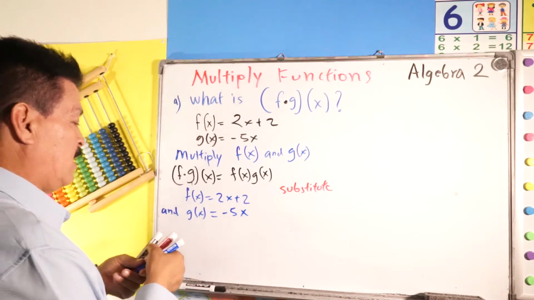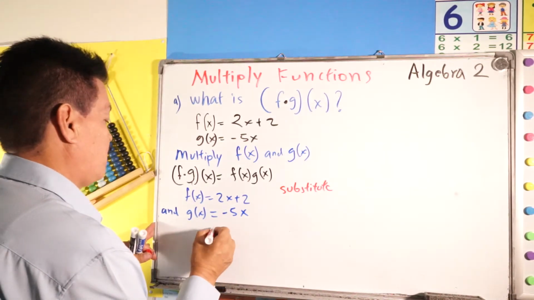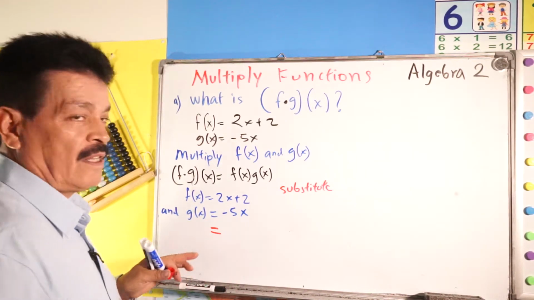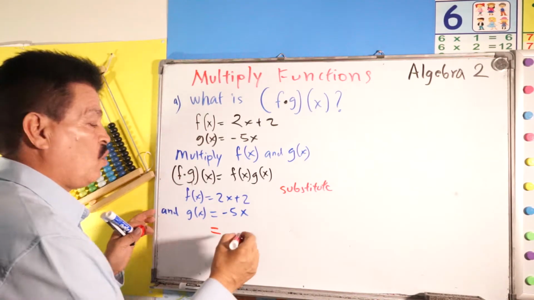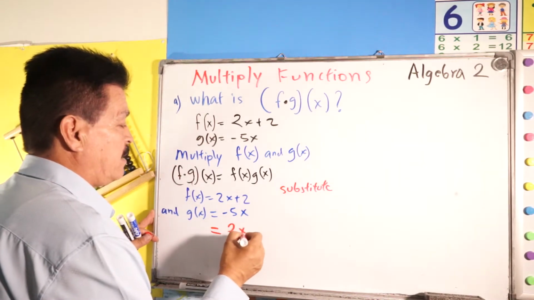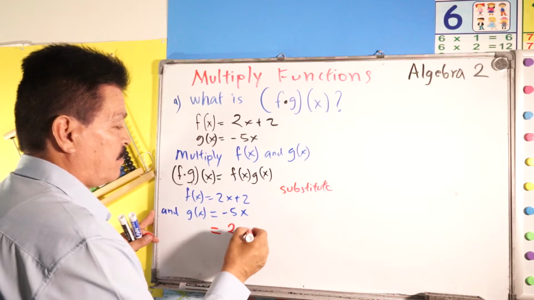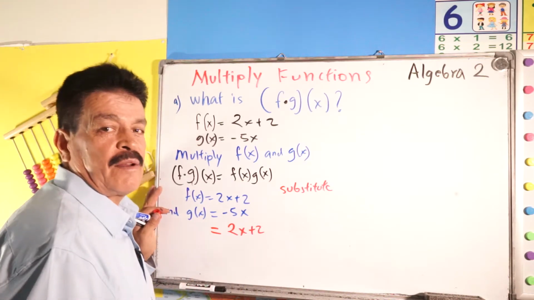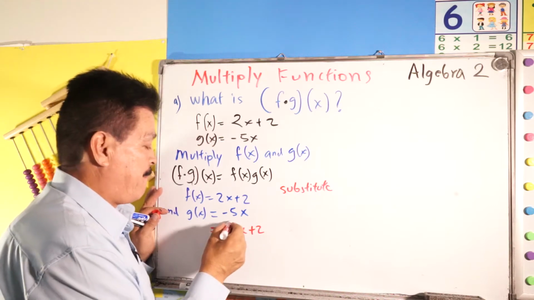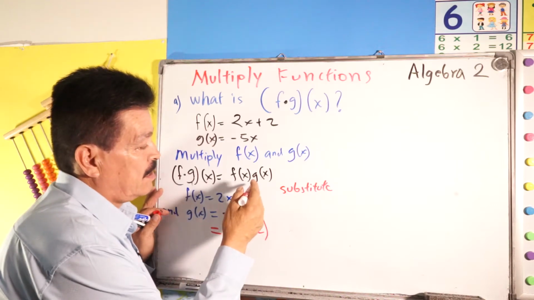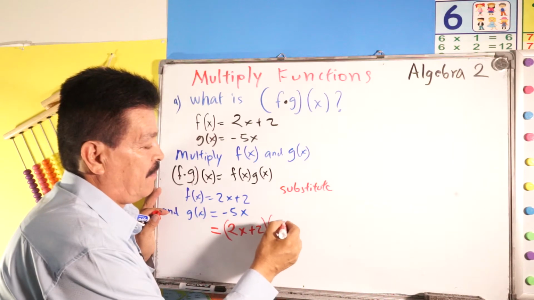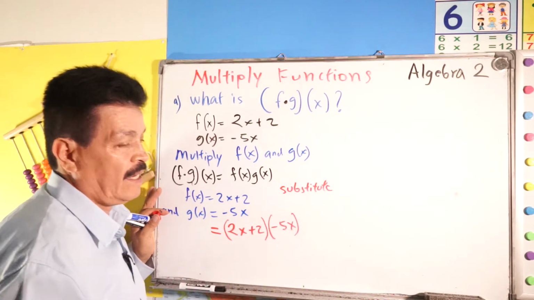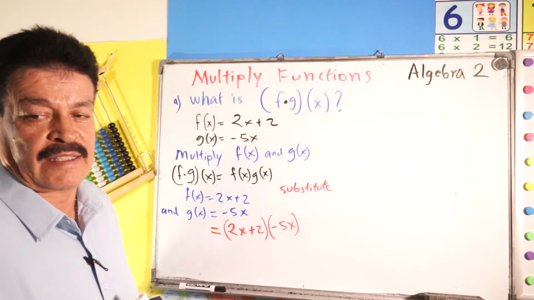So this equals 2x plus 2, all right, 2x plus 2, times negative 5x.